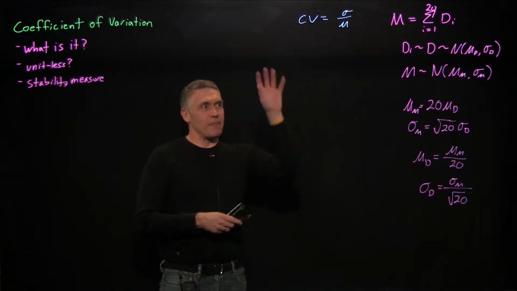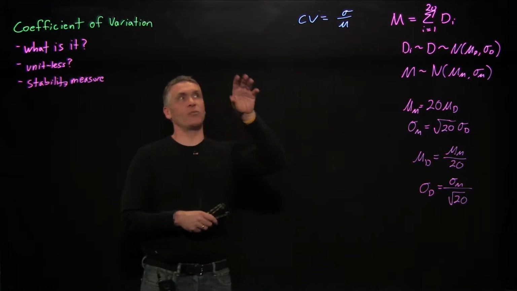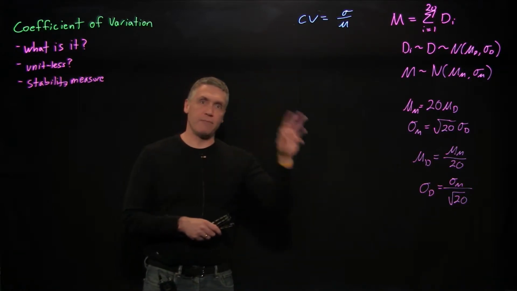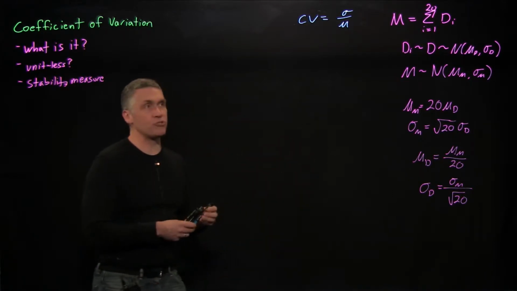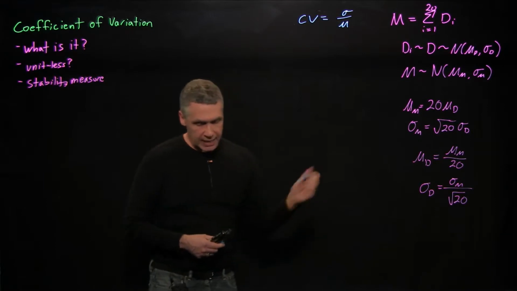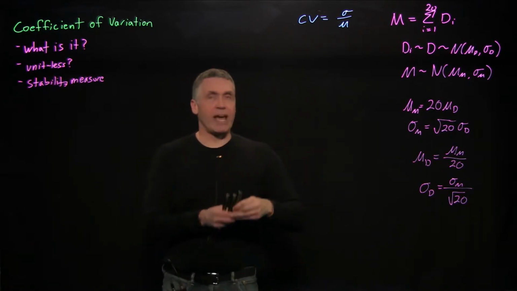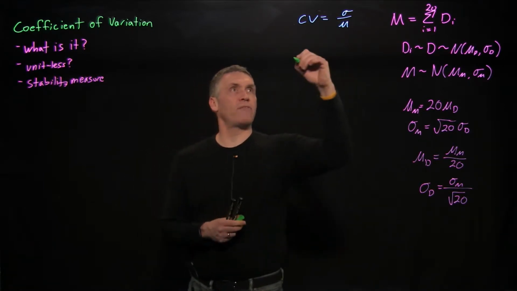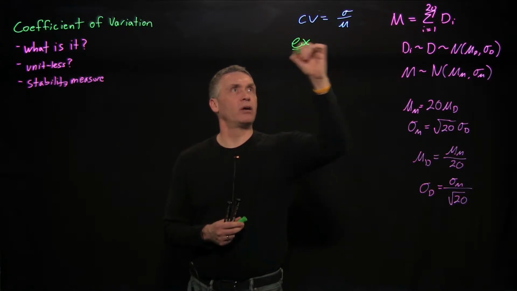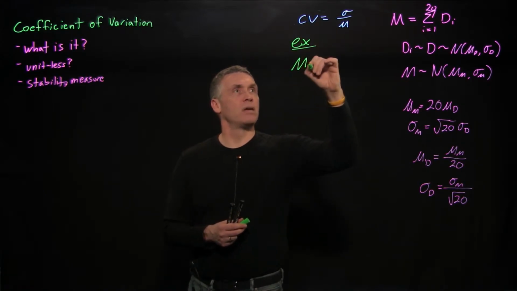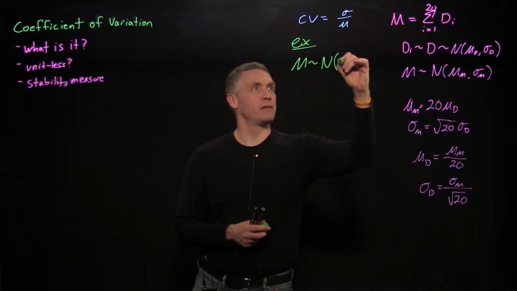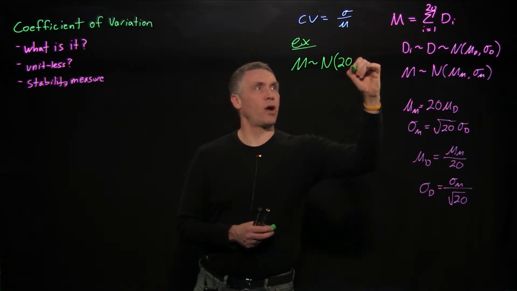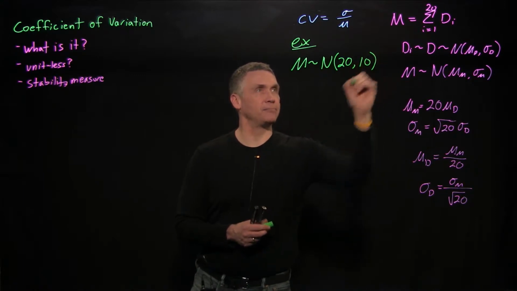So how do we define this in terms of the monthly and the daily random variables? We see something quite interesting. Let's take as an example that M is normally distributed with mean 20 and standard deviation 10.